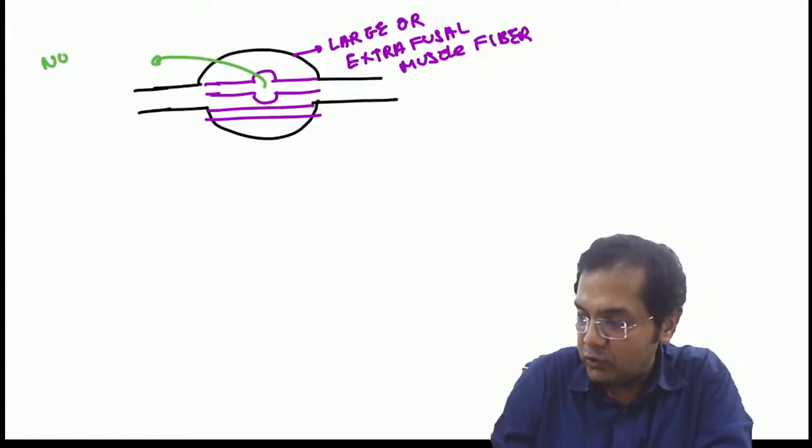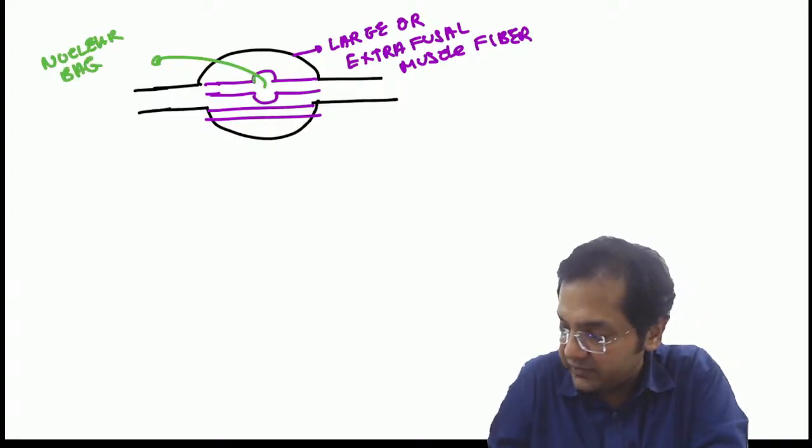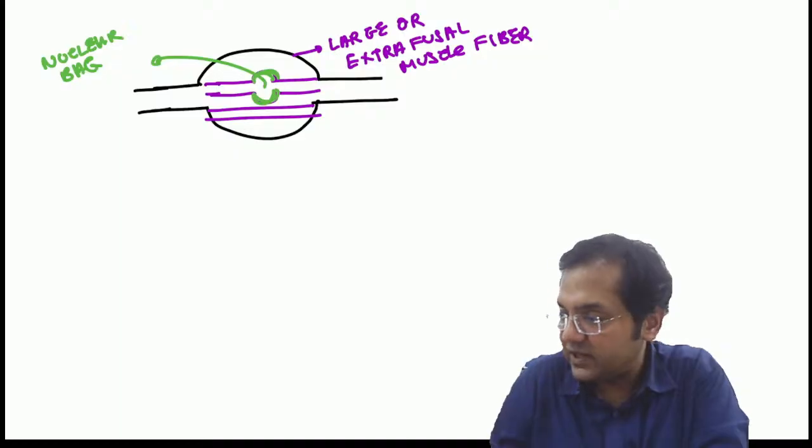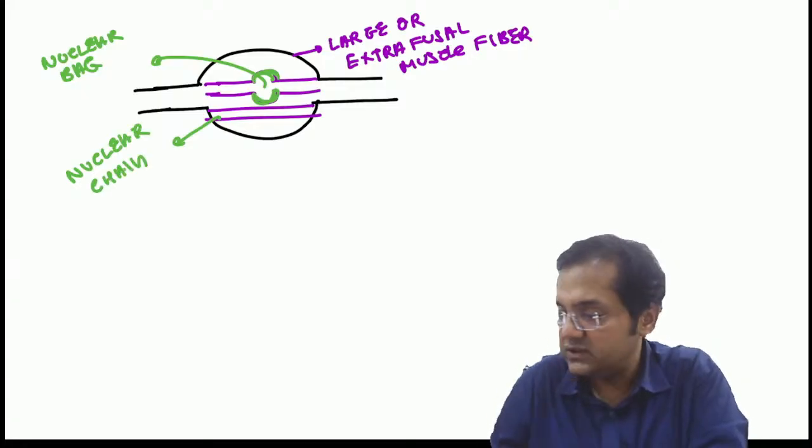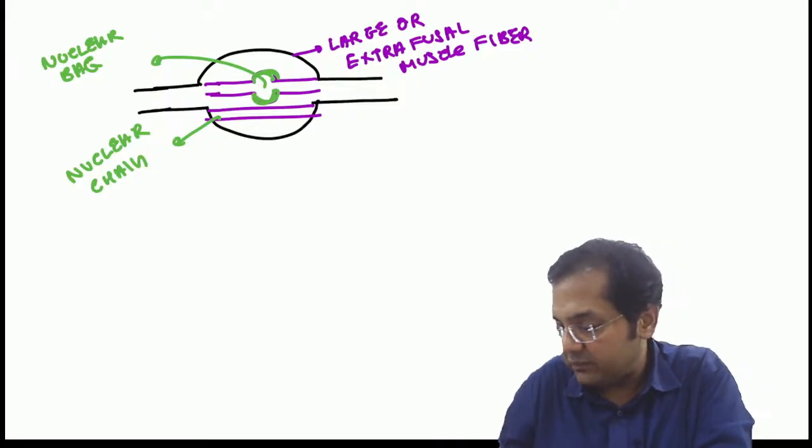This one is known as nuclear bag, क्योंकि इसमें bag है. Central part is like a bulge. This is nuclear chain because इसमें there is no bulge, right? Let's take them out over here.